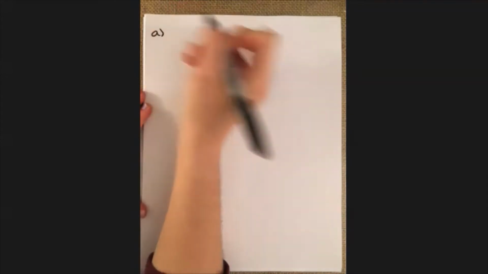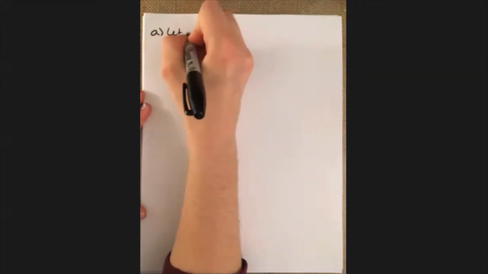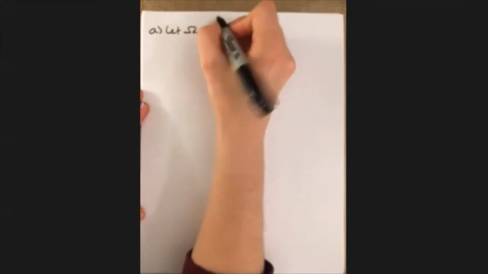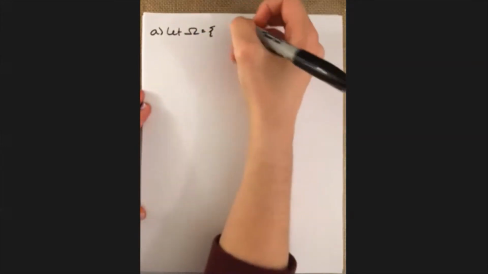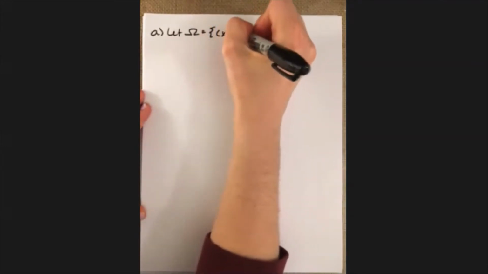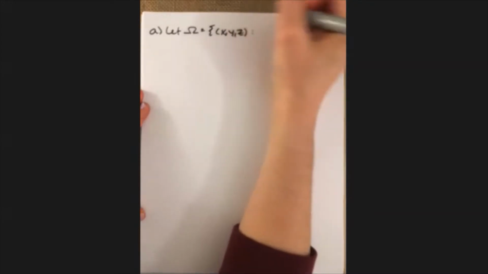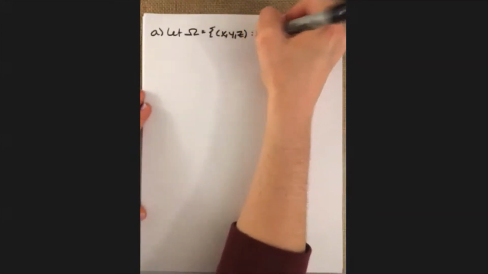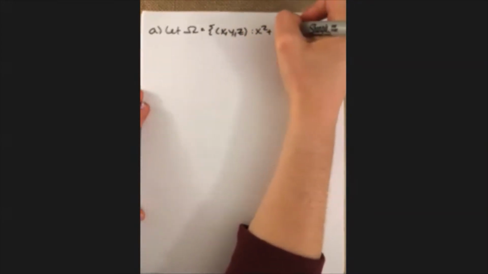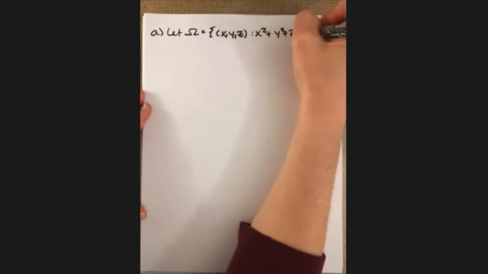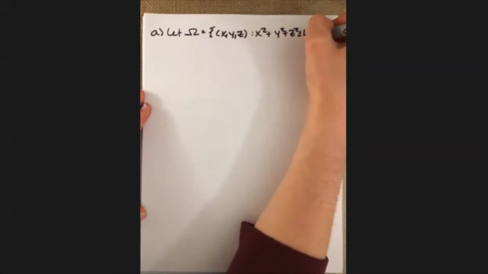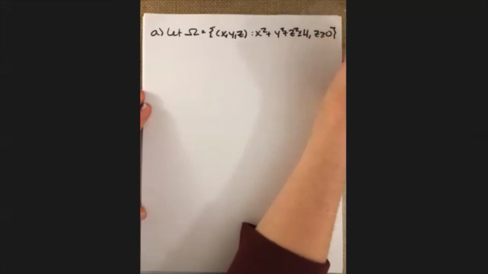All right, in our first example, we are going to let omega be equal to the set of (x, y, z) with x squared plus y squared plus z squared less than or equal to 4, and z greater than or equal to 0.